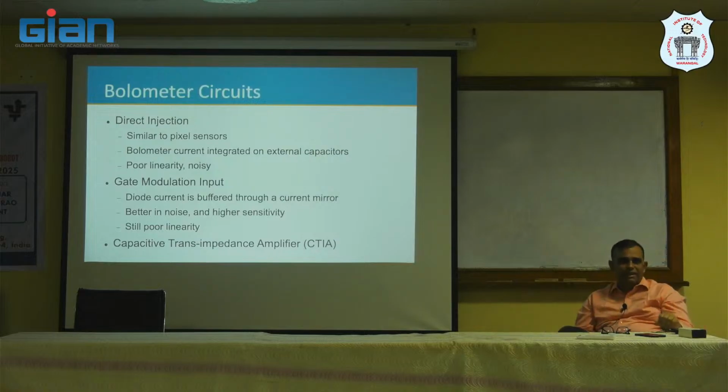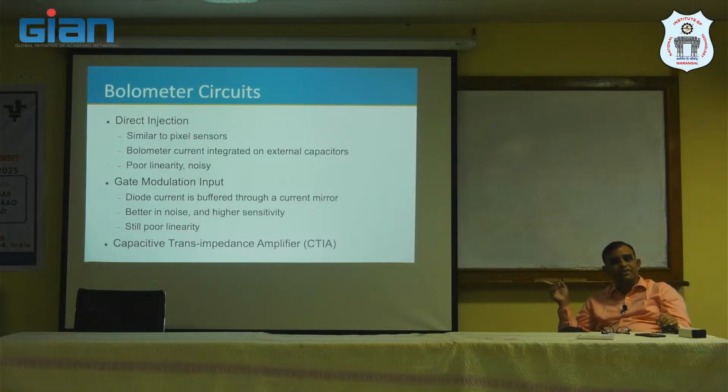I was going to cover the last topic, which is the capacitive transimpedance amplifier. They work even better with bolometers. Basically, you are converting a capacitance into a voltage output. This is an op-amp based circuit which you can build. Now you can immediately see some of the reasons why our pixel is not becoming smaller.